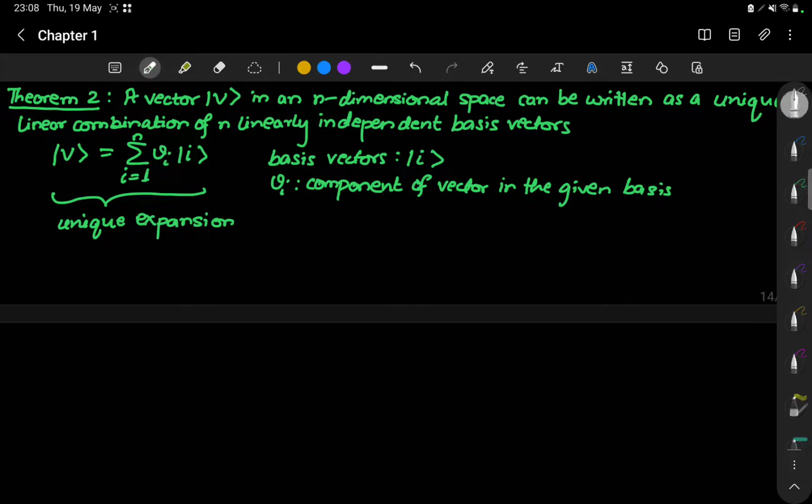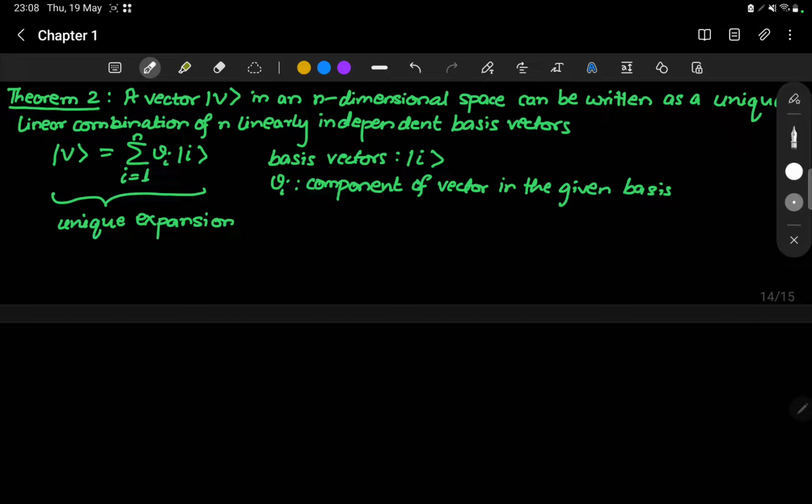So let us prove this by the method of proof by contradiction. So let us suppose that the expansion of v being written in terms of the basis vectors is not unique.